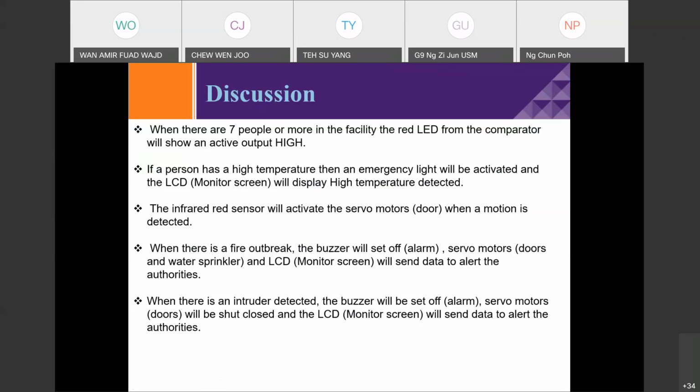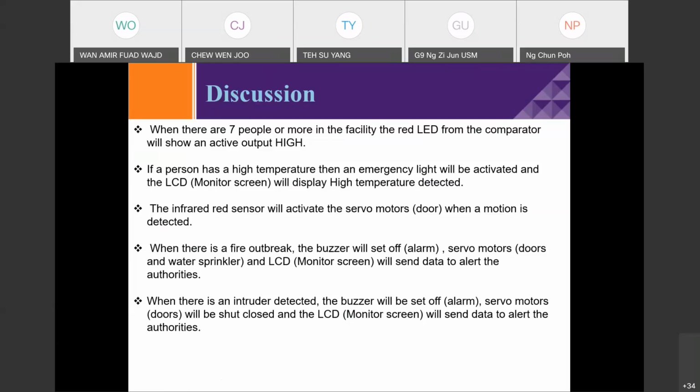And before a person enters the facility, which may be a convenience store or a jewelry store, if the person has a high temperature, an emergency light will be activated, and the LCD screen will display high temperature detected, so that they are not allowed to enter the facility.